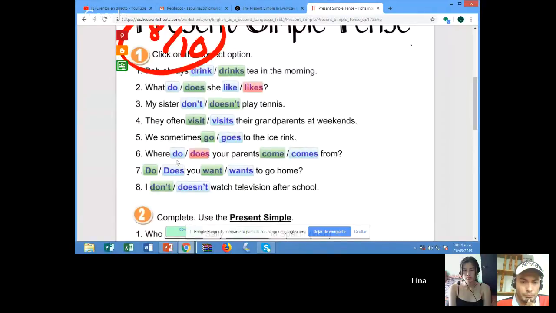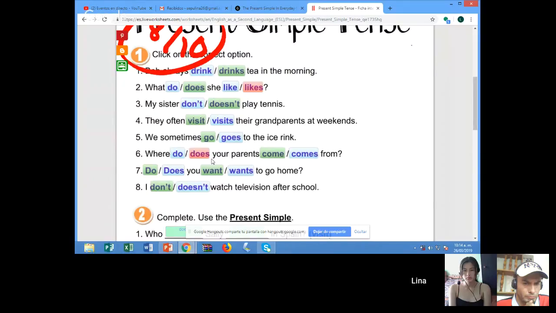So you need to remember, does is just for third person, she, he, or it, okay? Here we use you. So where do your parents come from? You have this one, good. Here we have good, good.